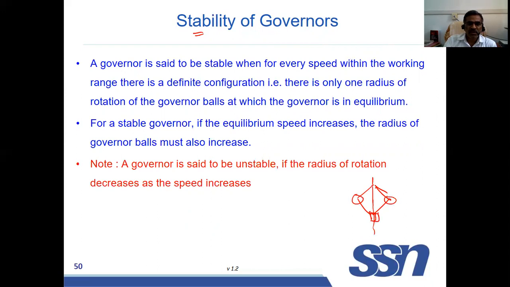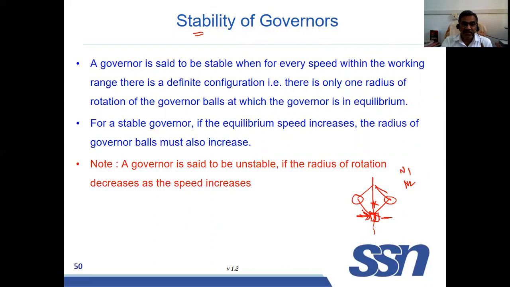If you are rotating at some speed n1, it is occupying this position. If you increase the speed, it occupies another position. After that, again you rotate with speed n1, it has to occupy the same configuration, the same position. That is the meaning of stability.